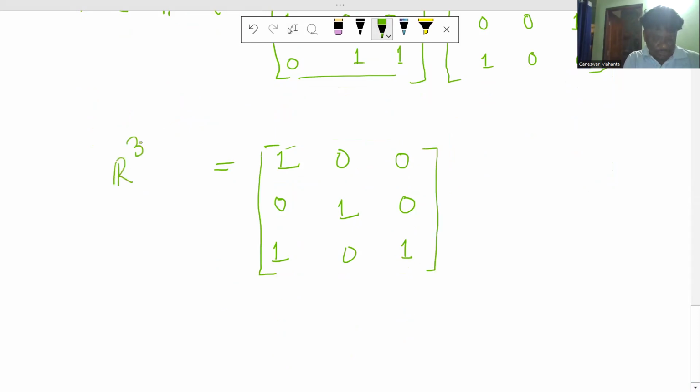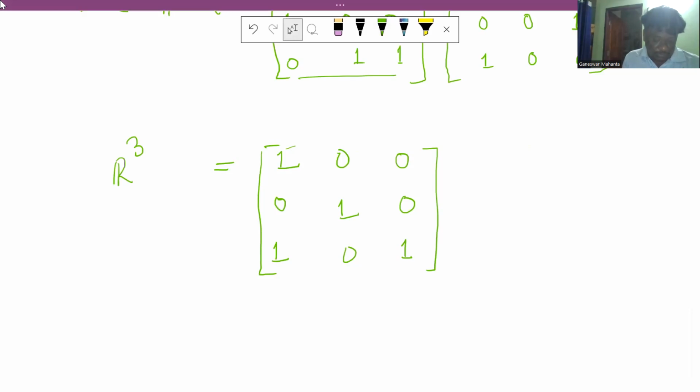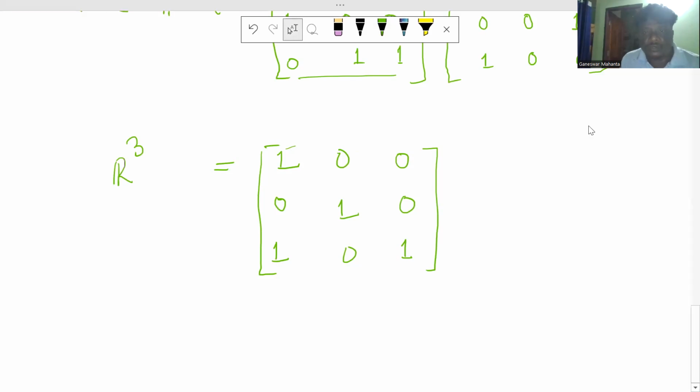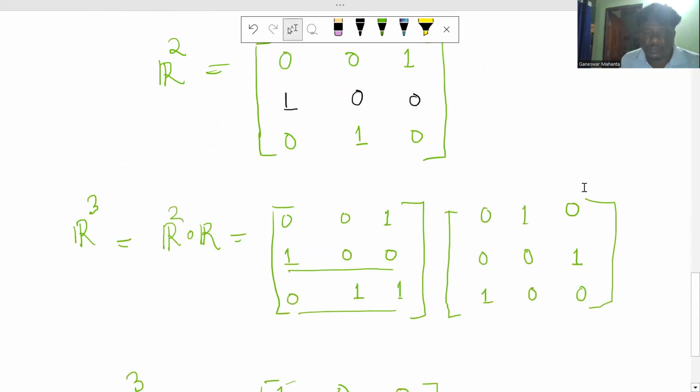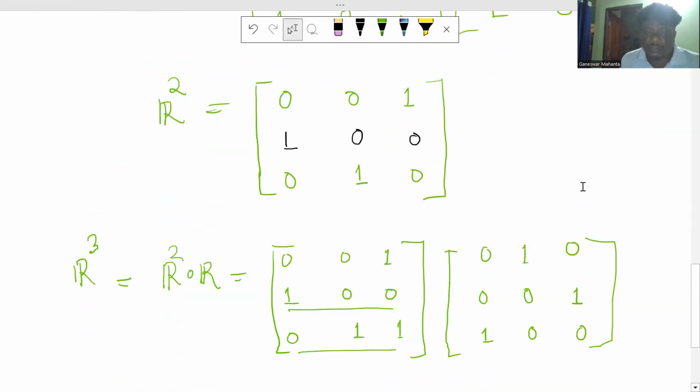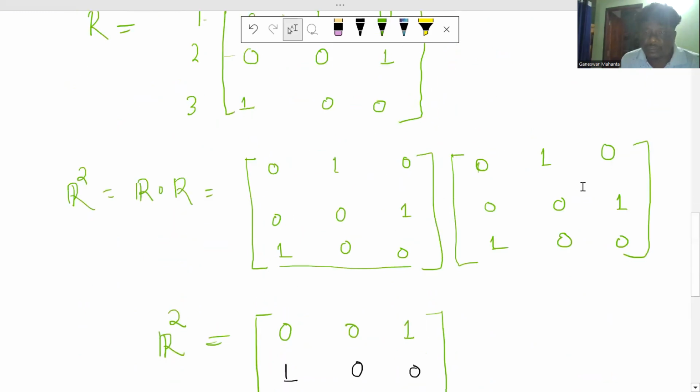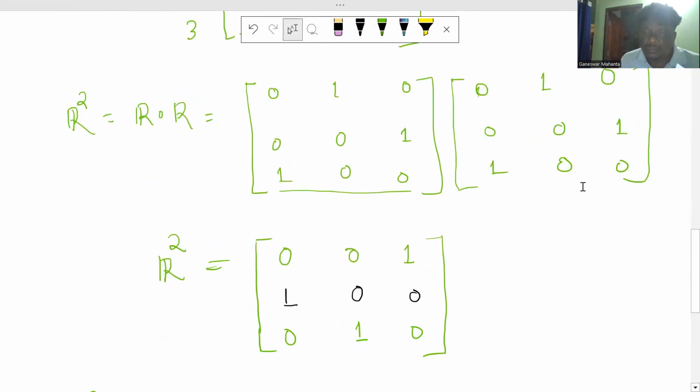And just to remember, R cube, what is the relation? 1, 1 relation, 2, 2 relation, 3, 3 relation is there. Again, you can see the product of R square. First row, 1, 0, 0.